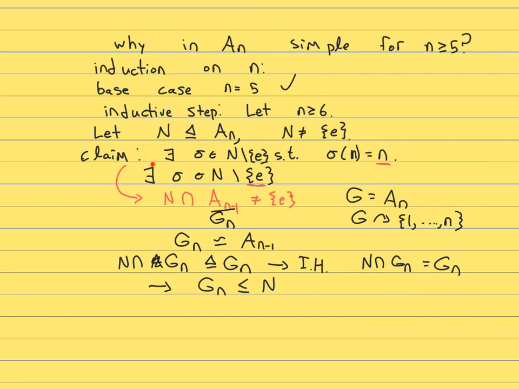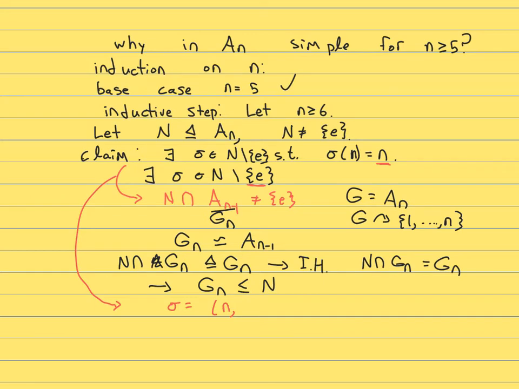So why is this claim true? Well, it's going to boil down to cases. And so the cases are, there exists at least some permutation. It's going to have a cycle involving the symbol n.